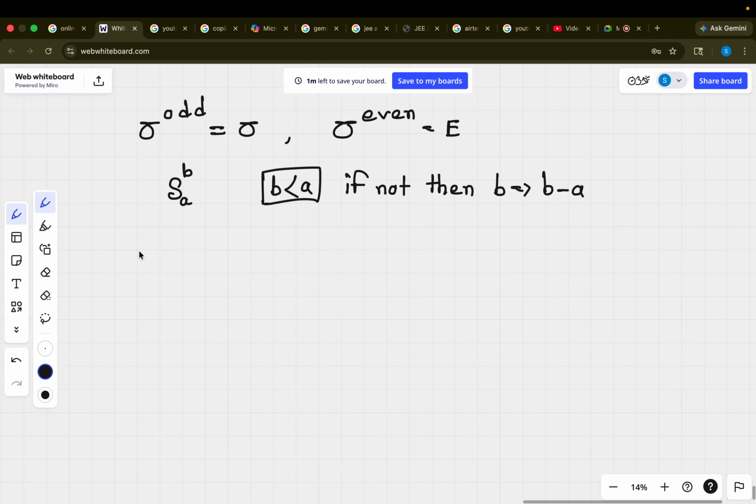So basically I can write it like this: S_3^1 will be equal to C_3^1 into sigma 1, that is C_3^1 into sigma 1.